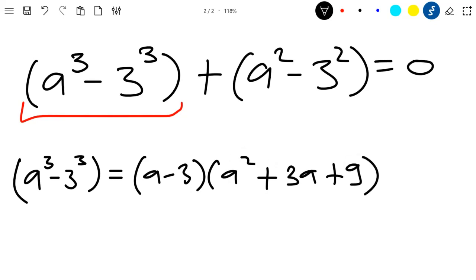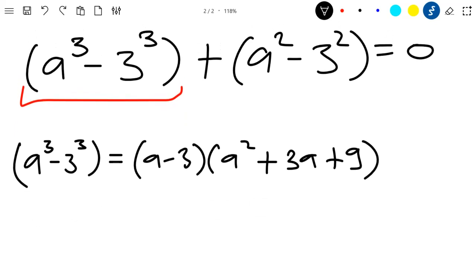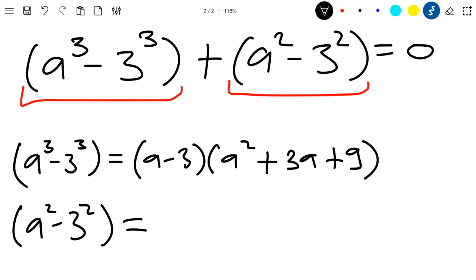Okay, we have this, because if you expand this one, you will get the terms here. Also for this term, we can do the same thing. We have a^2 - 3^2, which is equal to (a - 3) times (a + 3).